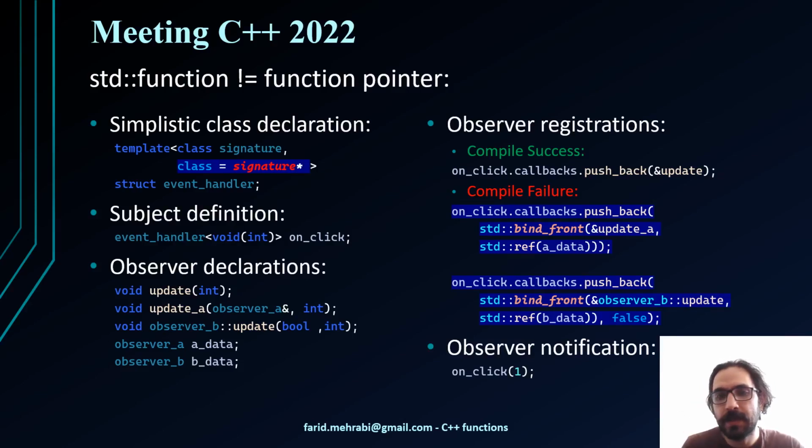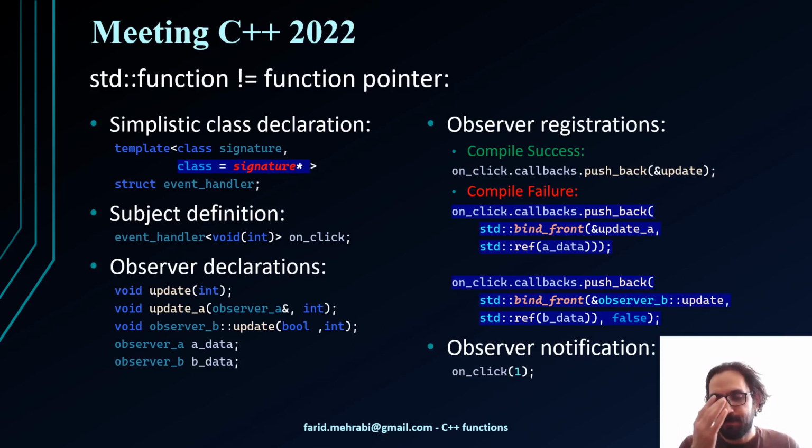Actually, the only case that compiles is the exact match signature free function pointer we used in the first push_back. We cannot add any other forms of functions to our event handler class. We have lost generality using the function pointer syntax.